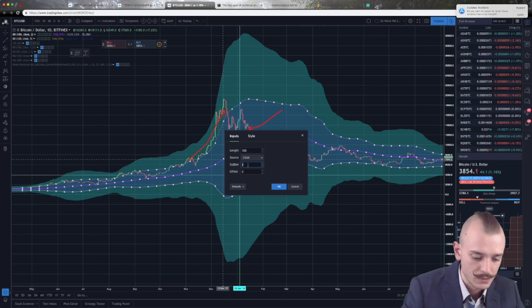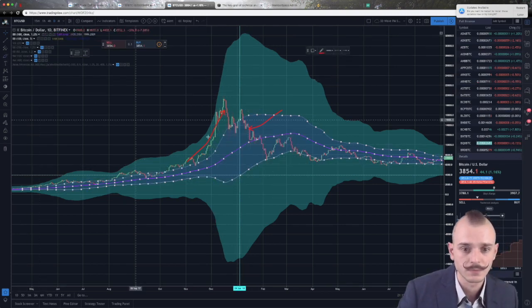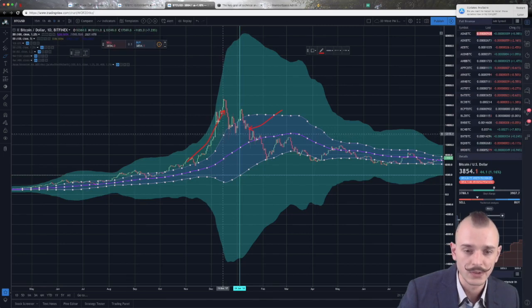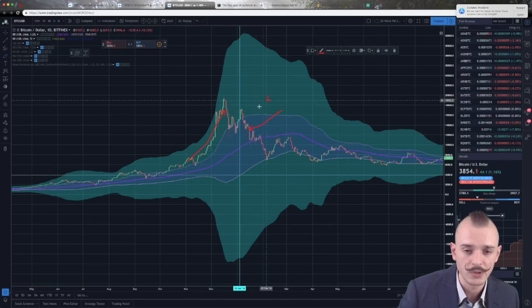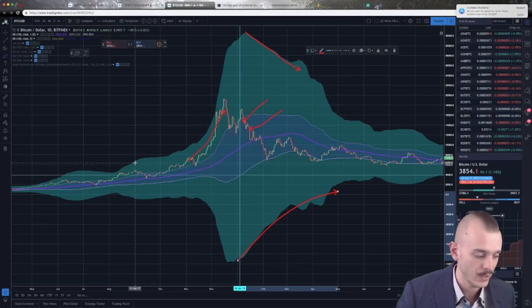If I change this to 1.25, you'll notice we start compressing as soon as we move inside the band. When we're inside the 1.25 standard deviation band, then every other single standard deviation for this period will start to compress.